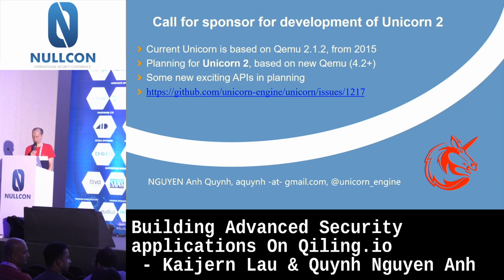So it has many bug fixes, many new features, faster, and a lot more advanced. And probably you can add some more CPU architectures in Qiling 2 as well. But we need some sponsors to make this work because it's a lot of time and effort. Otherwise, I think it's very hard to make that happen.